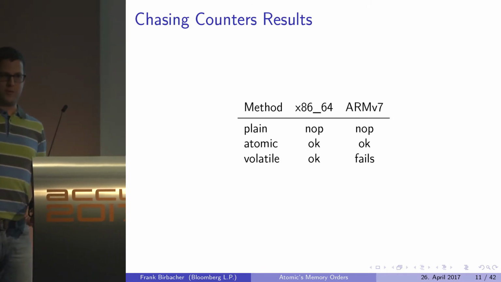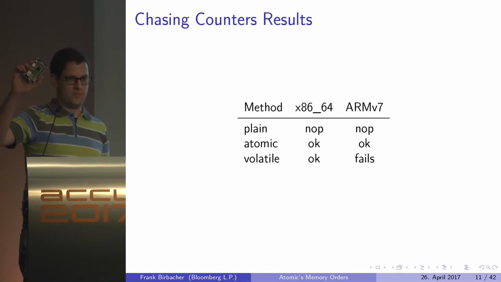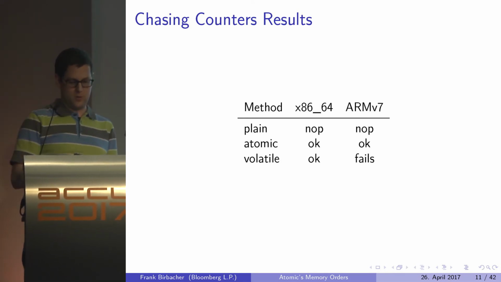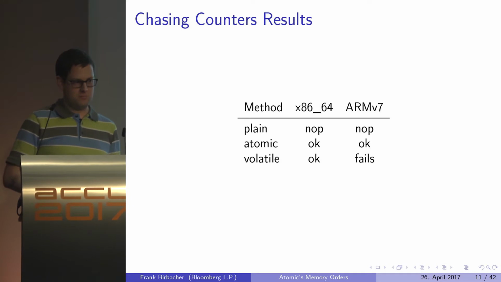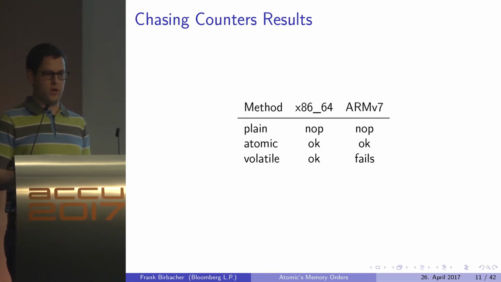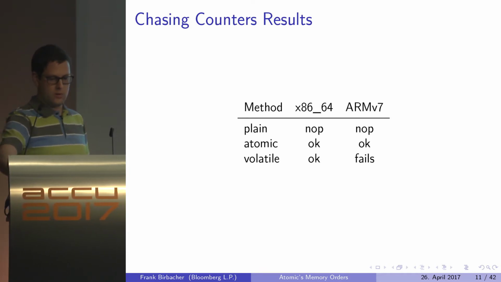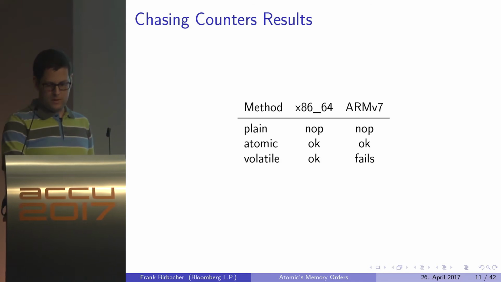Tried it on a Raspberry Pi, which is a 4-core ARM architecture. It doesn't work here. Does not work. It's a popular architecture, and you need to be aware when porting code, especially from Intel to somewhere else, you might end up with code that's not working.